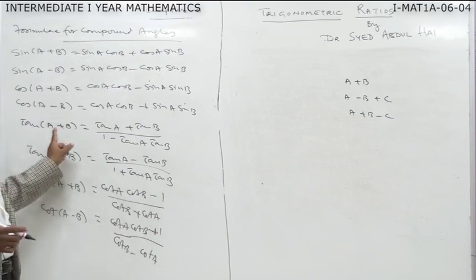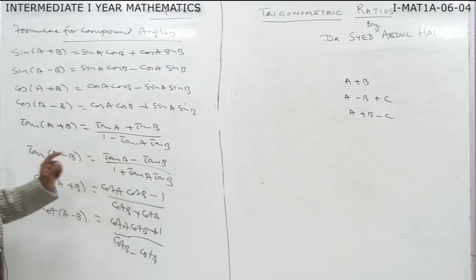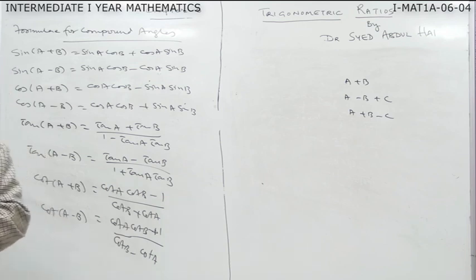In tan, positive means numerator positive, and negative means numerator negative, while the denominator is the opposite. Whereas in cot it will be changed. Cot of A plus B is equal to cot A cot B minus 1 by cot B plus cot A, and cot of A minus B is equal to cot A cot B plus 1 by cot B minus cot A.